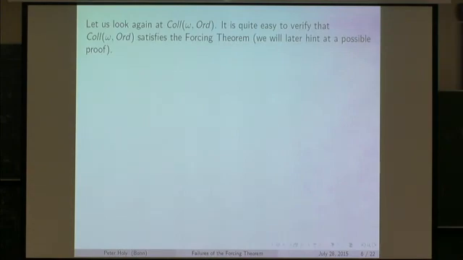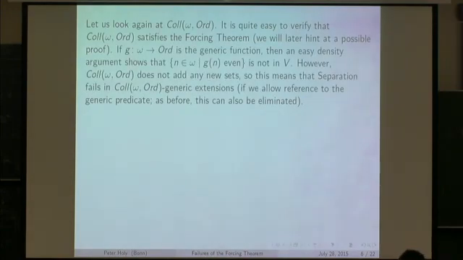So what do I want to do next? Let's consider this forcing Collapse(omega, Ord). It's not too hard to see that this forcing actually satisfies the forcing theorem. There's a proof of this fact in Cy Friedman's book. I might give a proof later if time allows as well.